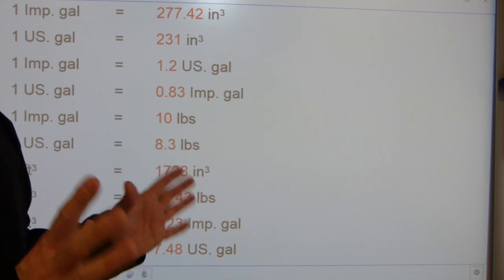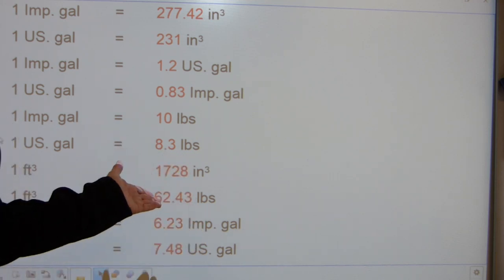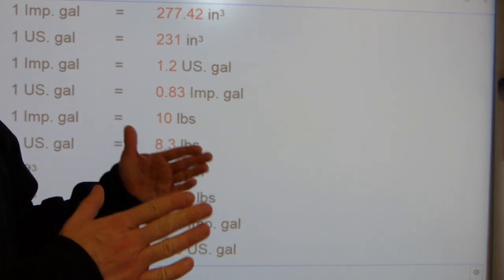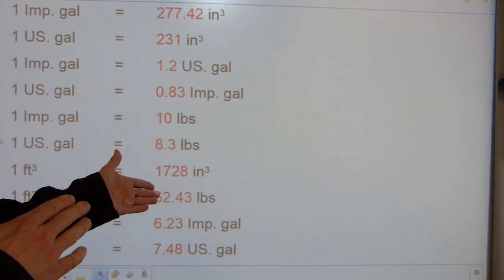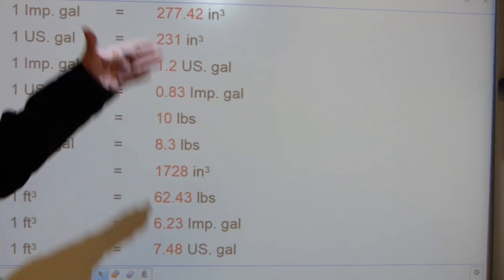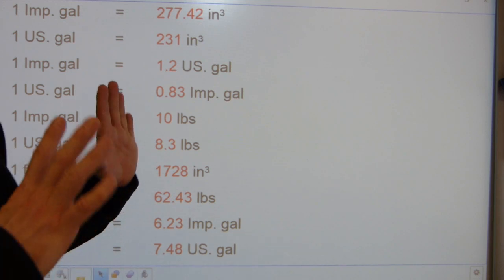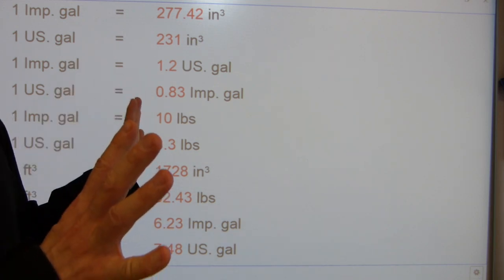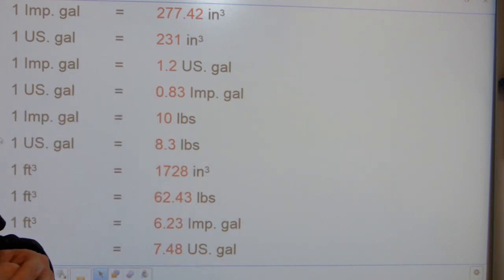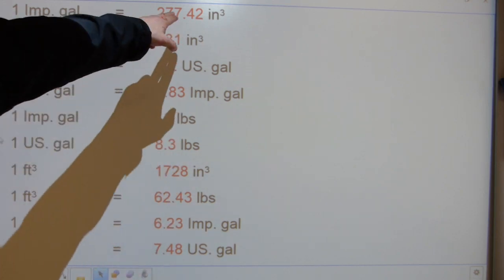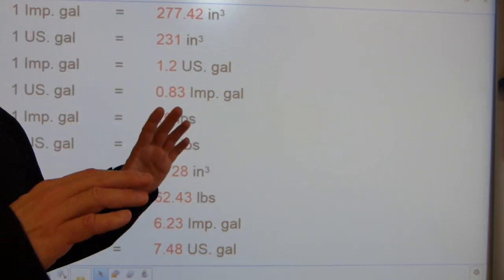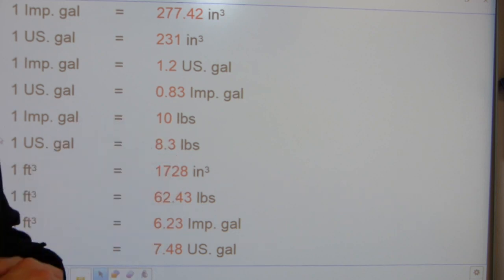If it's so, I'm not arguing with your textbook. I'm just pointing out that between different industries and different occupations, these figures can be rounded differently according to the precision required by the task that you're actually doing with these numbers. So this one here, 277.42, sometimes it's just listed as 277.